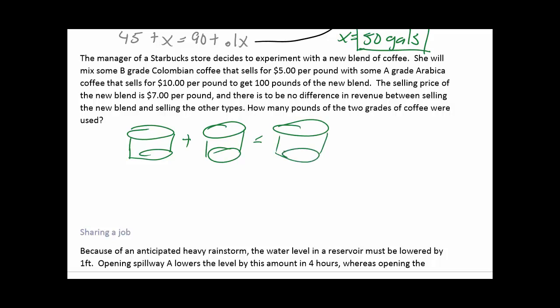I know that the grade B, so we'll call that B, sells for $5 per pound, and the grade A sells for $10, and they want the mix to come out selling for $7.